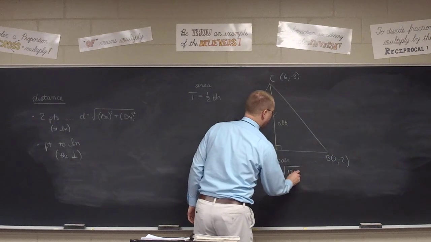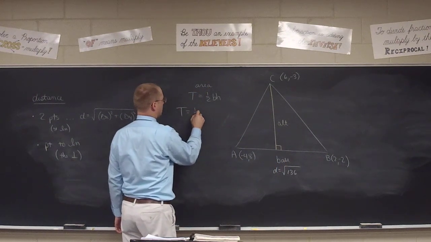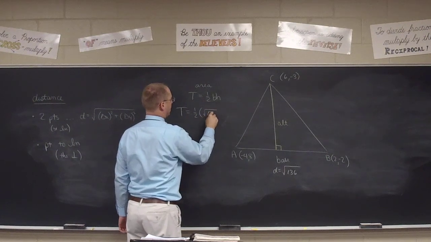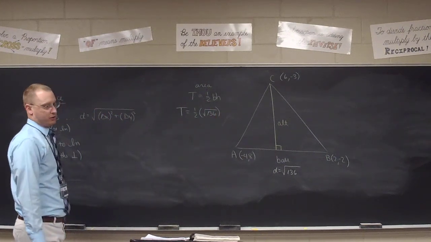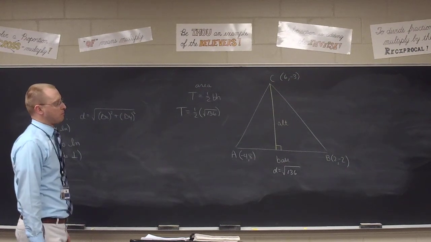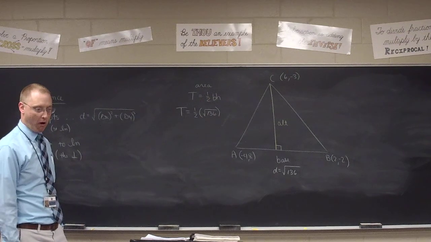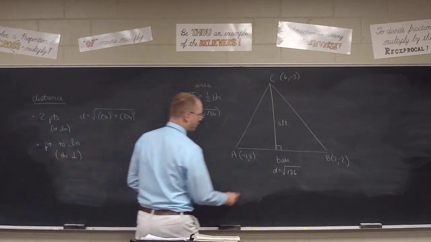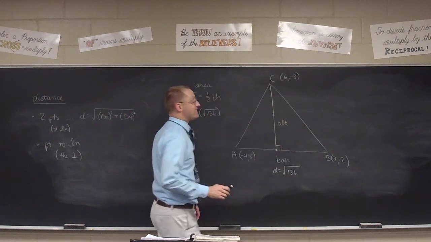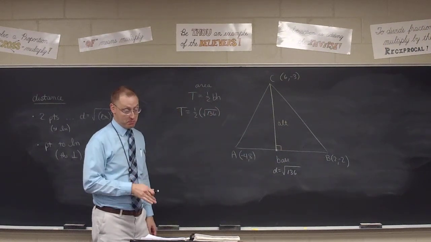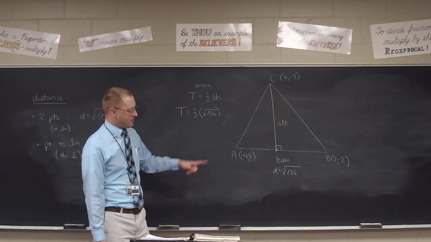I'm going to leave it unreduced here: the square root of 136 units. So there's the base. Now for the altitude. There's just one problem. I can't find the length of the altitude right now. Why not? Because you don't know the midpoint? Is this the midpoint? Not necessarily the midpoint. How do I find that point?